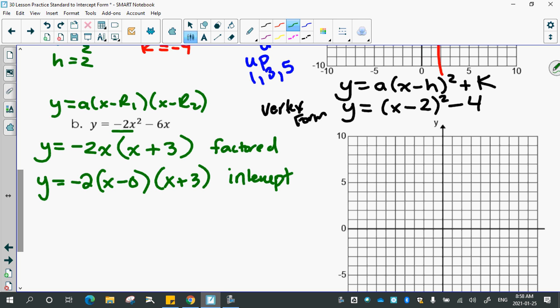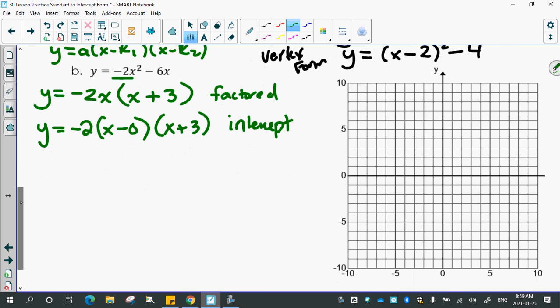Once you've got it in intercept form, you should be able to look at it and tell what r1 and r2 are. What are the 2 x-intercepts? Be careful about the signs, because remember there's negatives in the... Hey, who thinks they know r1 and r2?